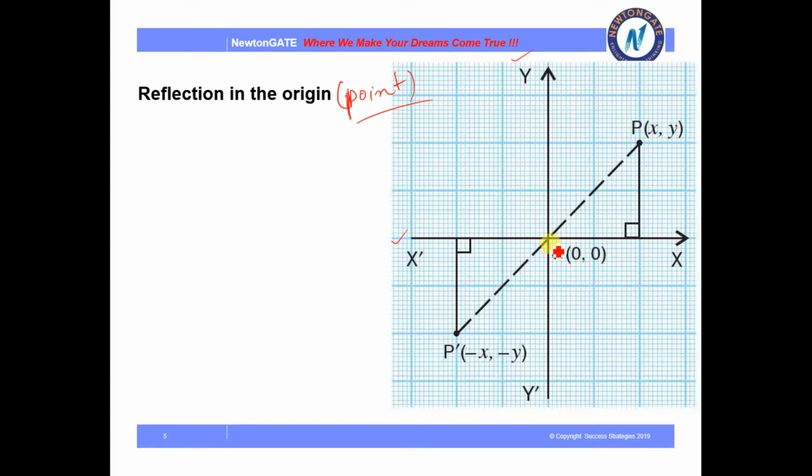So when the point P is reflected on the origin, which is the midpoint of P and P dash, the coordinates of P dash will be the negative of the coordinates of P. In this case, the coordinates of P were x and y, so it becomes minus x and minus y.